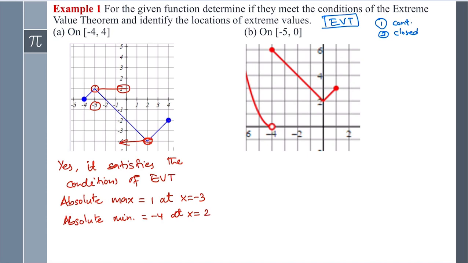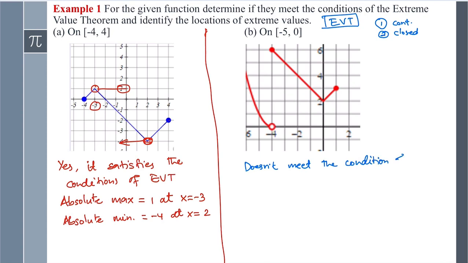Okay, so that's done. So let's look at the next question here. If you look over here, this does not meet the conditions of the extreme value theorem.